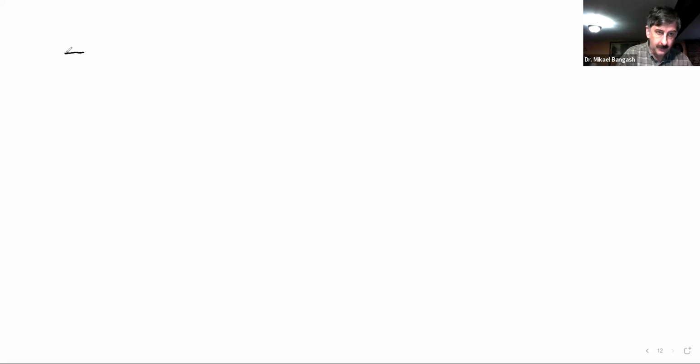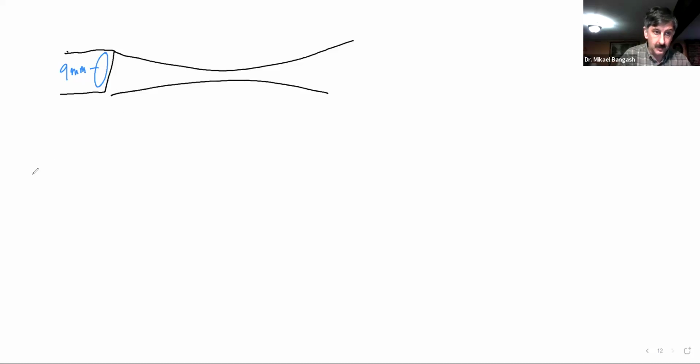So I'm just going to try to reconstruct our diagram here. 9 millimeters. And we can see we have the beam here, and we can say this depth here is 8 centimeters.